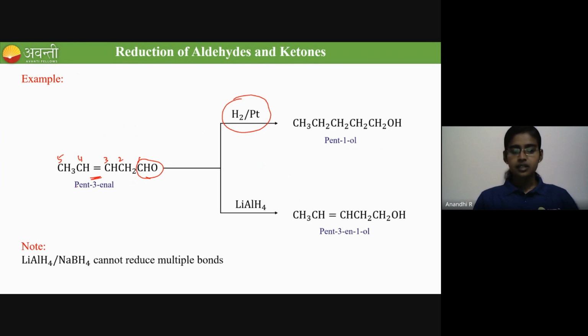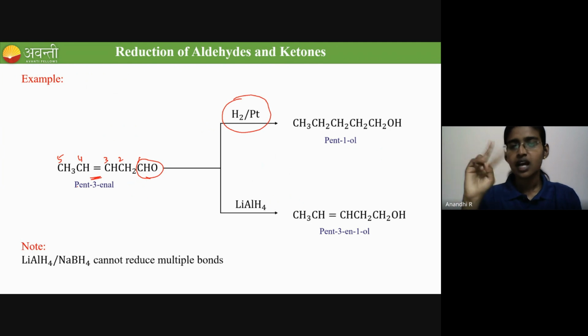Is this clear? This is about the reduction of aldehydes and ketones. Is the reduction reaction clear to all of you? Just you have to remember the three reducing agents which are being used. Aldehydes give primary alcohol and ketone gives secondary alcohol.